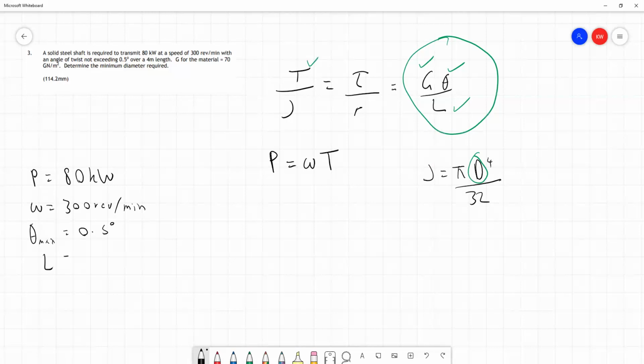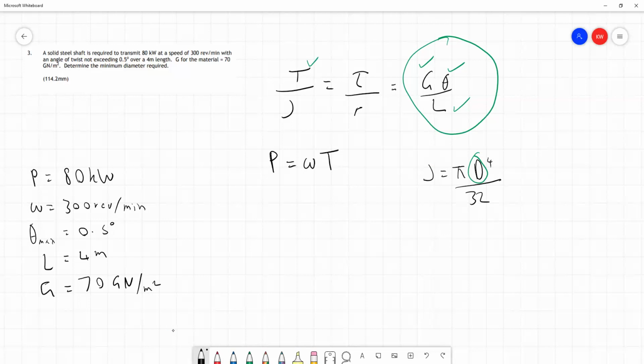The length of the shaft is 4 meters, and our value for G is 70 giganewtons per meter squared. And just a reminder, G is the modulus of rigidity. That's a property of the material of the shaft. This is the information that we have.